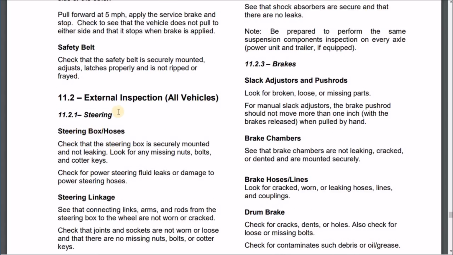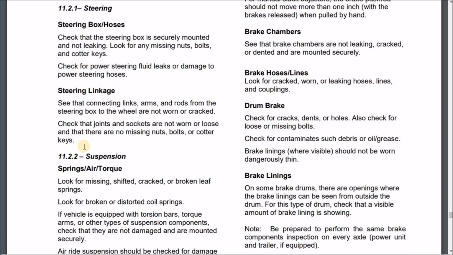Well, here it says steering. So it looks like external inspections, all vehicles, would be the outside of the vehicle where you're not actually sitting. So internal would be inside the vehicle. External would be outside where you sit.